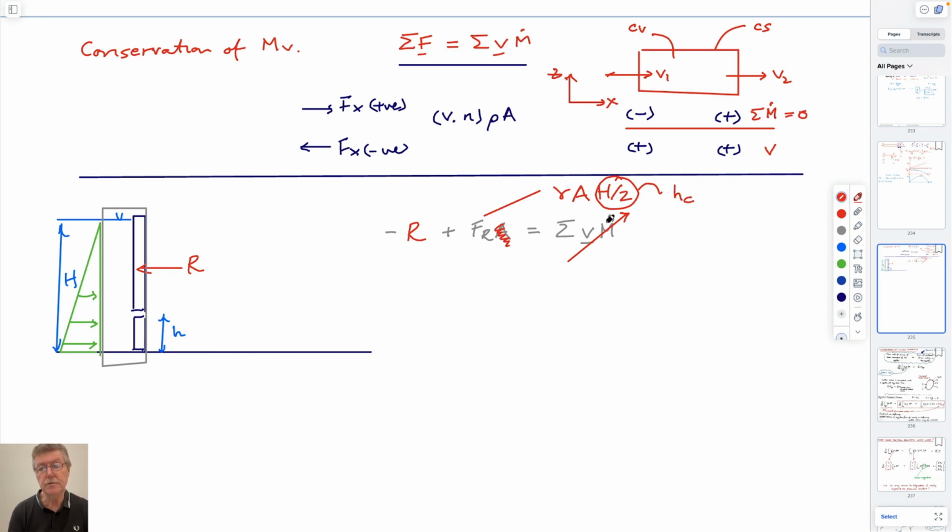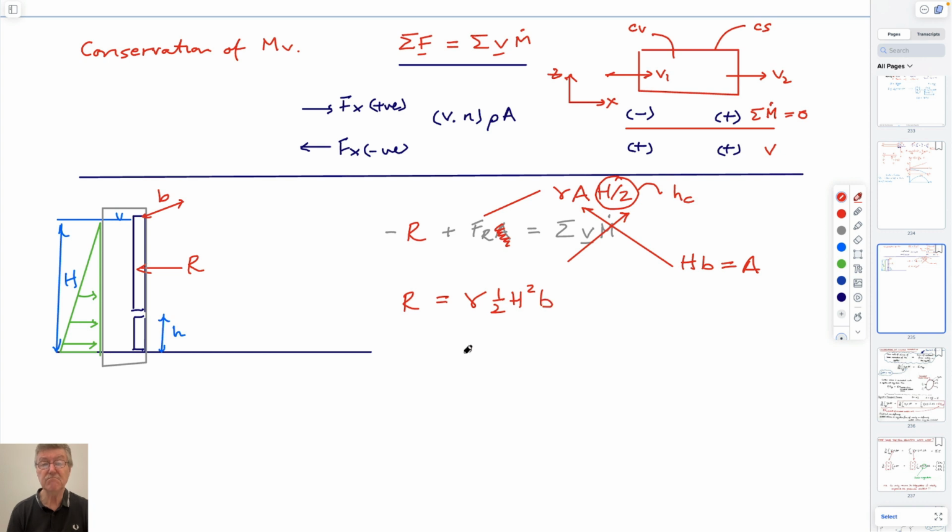Area is equal to, I know I'm scrolling over this, some distance into the page, which would be B. So this would be HB. So R is just equal to unit weight, half H, big H squared, B, right?